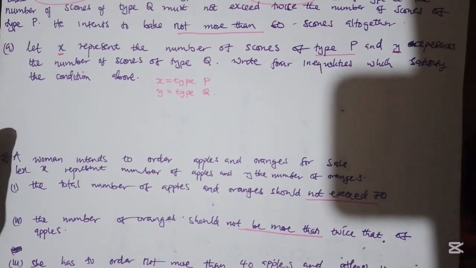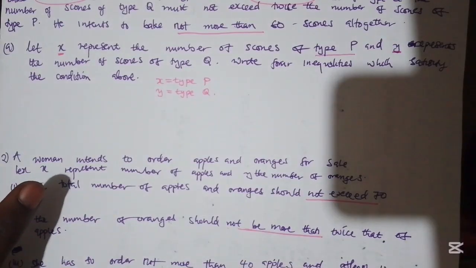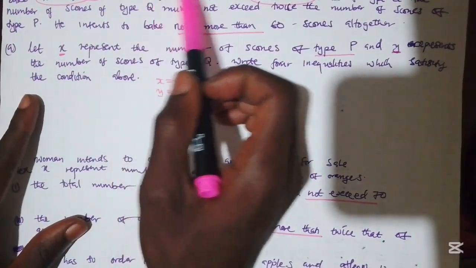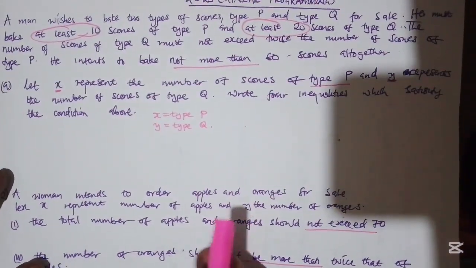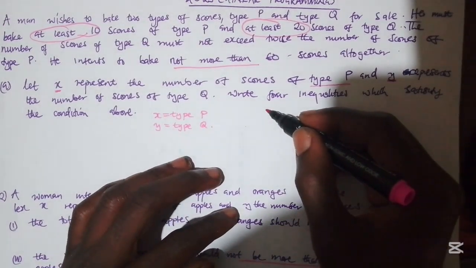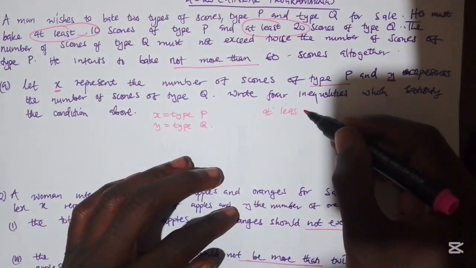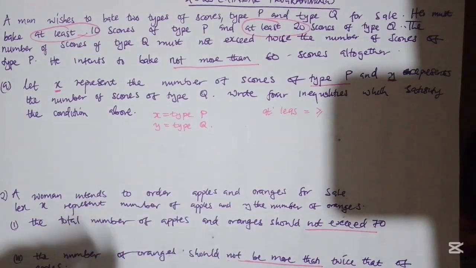The first sentence is: he must bake at least 10 scones of type P. So this is our first inequality. Whenever we have at least, it means greater than or equal to.